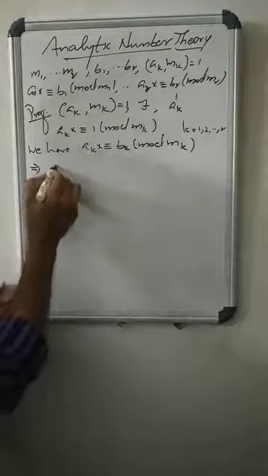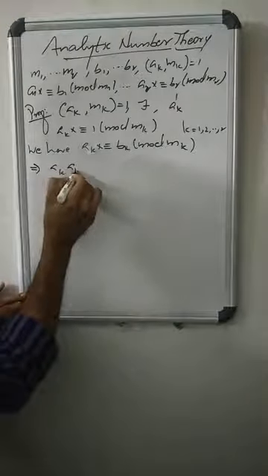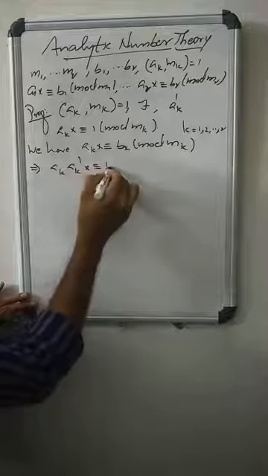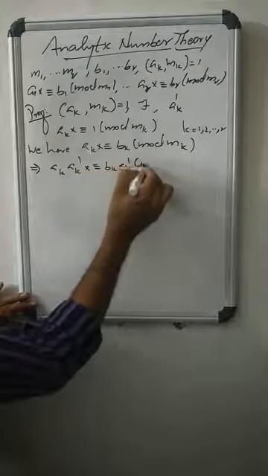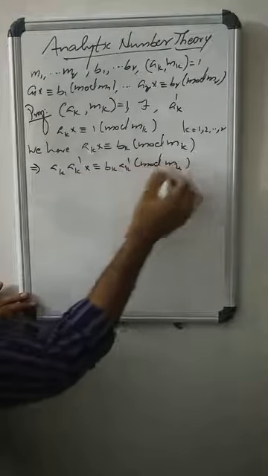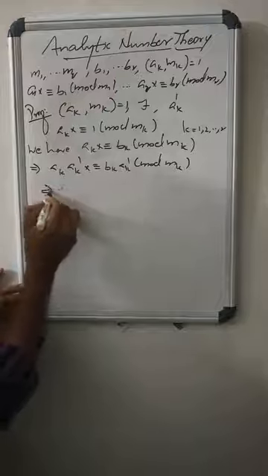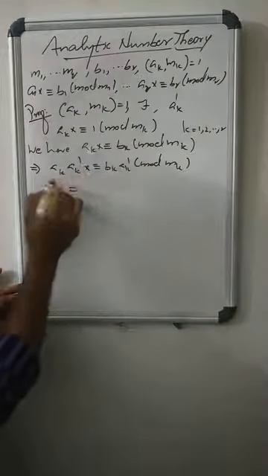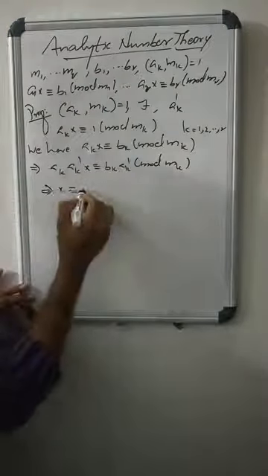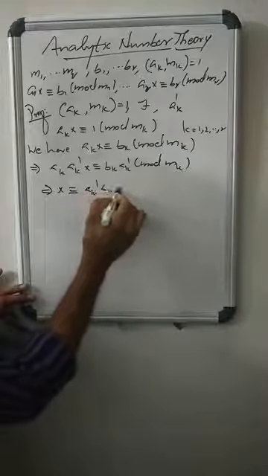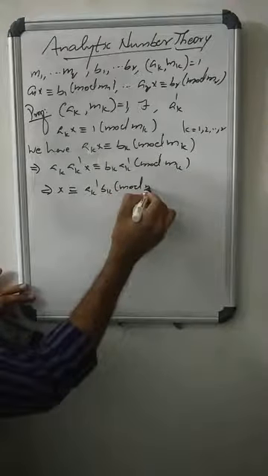So that means ak'x ≡ bk ak' mod mk. Since ak' is the reciprocal of ak, x ≡ ak' bk mod mk.